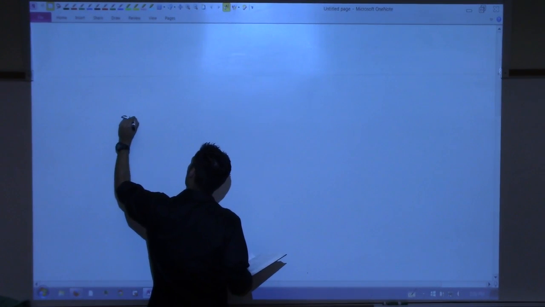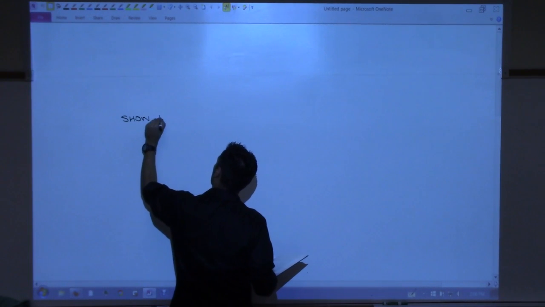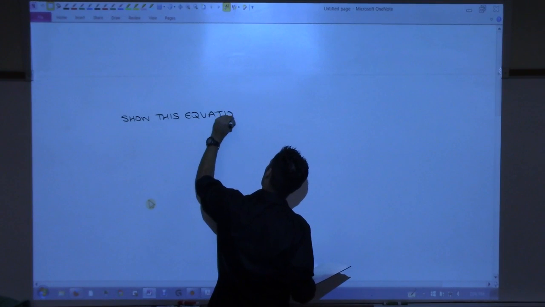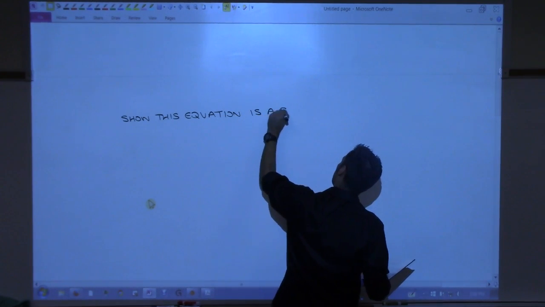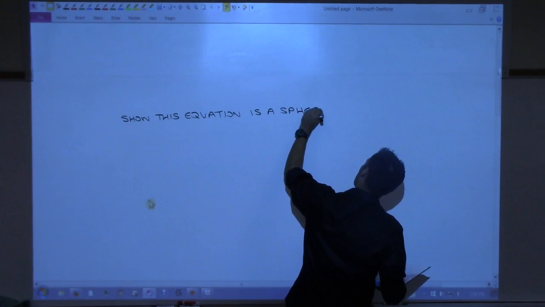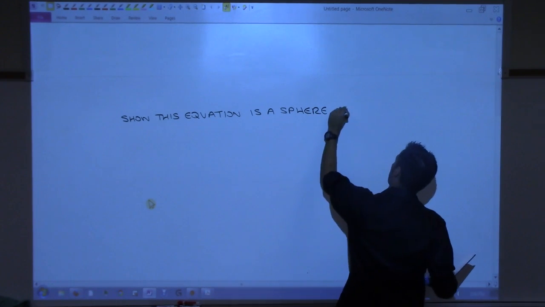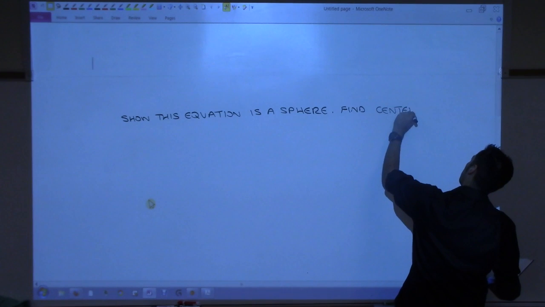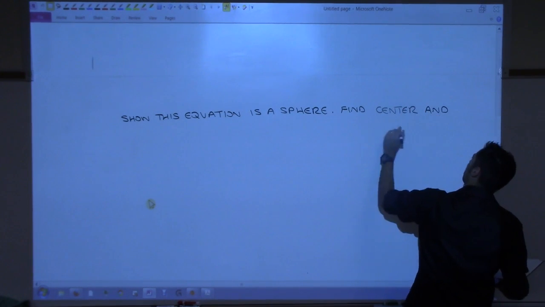Show this equation is a sphere. Find center and radius.